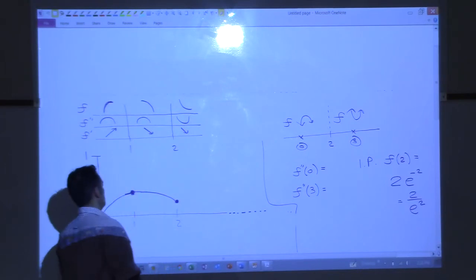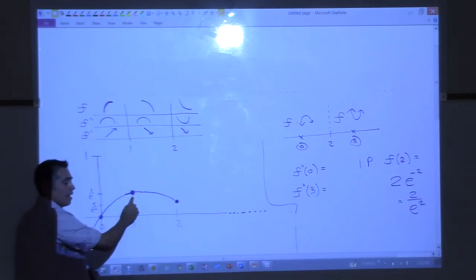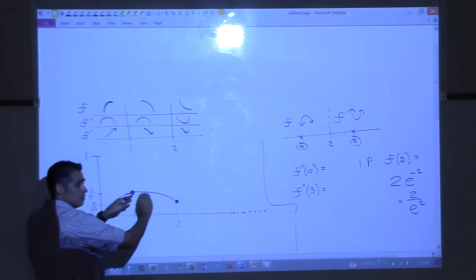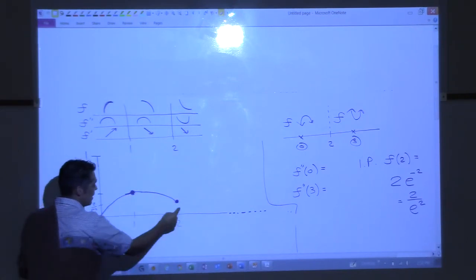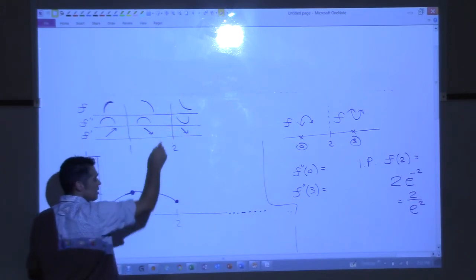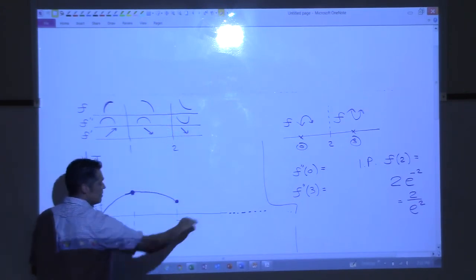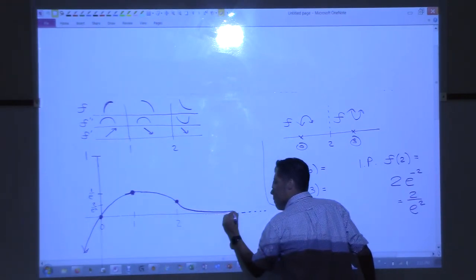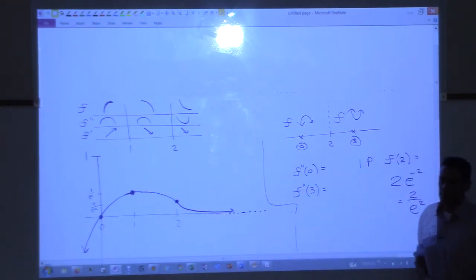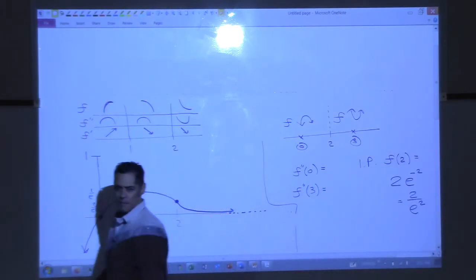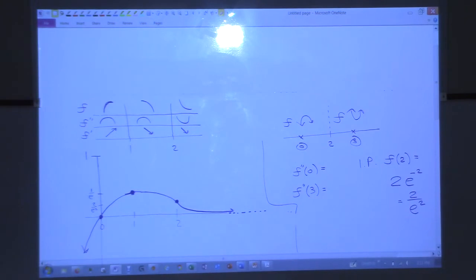There we go. I want that to be a local max, so I want it to drop on both sides. But it is part of a frown. And then to the right of 2, I've got to look like that. There we go. That's it. It doesn't have to be perfect, but all the elements should be there.